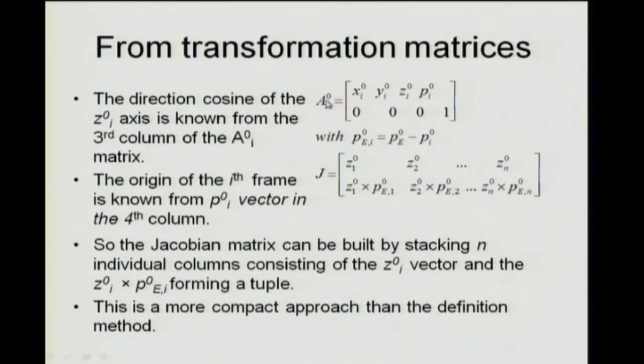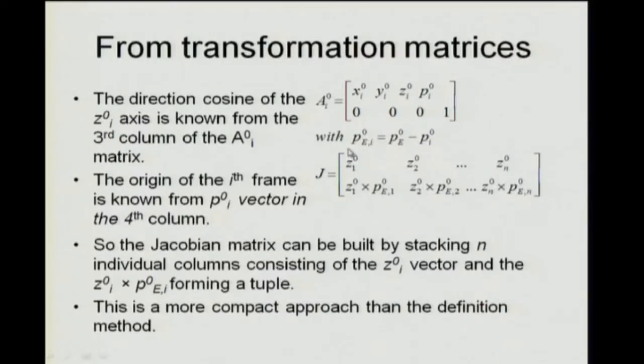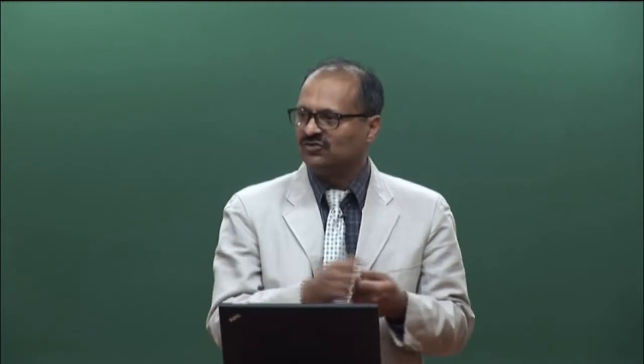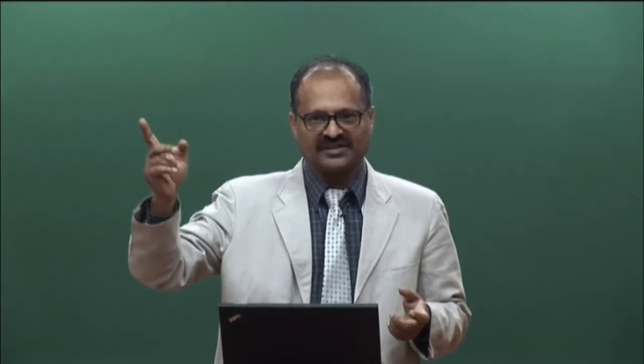As you do your DH thing, you can extricate the z component and stack it as a column here. The other component is the moment of a unit vector about the line, about the origin, that would form the screw, plus I have to move whatever I get there to the end effector. So it is a two-part thing.